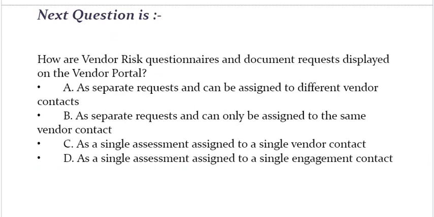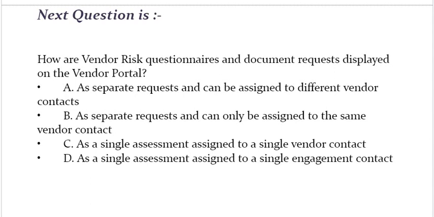Next question is, how are vendor risk questionnaires and document requests displayed on the vendor portal? Option A, as separate risk requests and can be assigned to different vendor contacts.